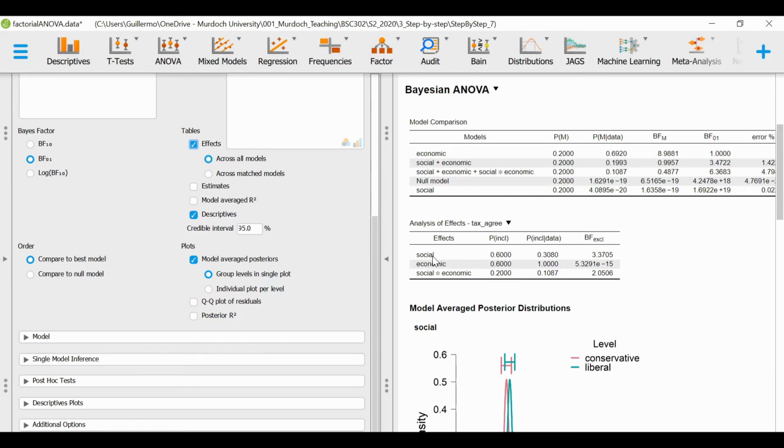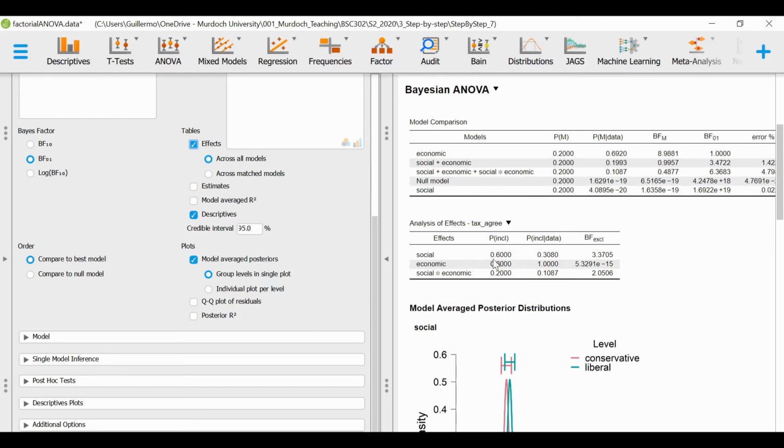The variable social appears in three models: social plus economic, social plus economic and interaction, and social. Because it appears in three models, the prior probability for social is the sum of the probabilities of those models. So 0.2 plus 0.2 plus 0.2, that's 0.6.